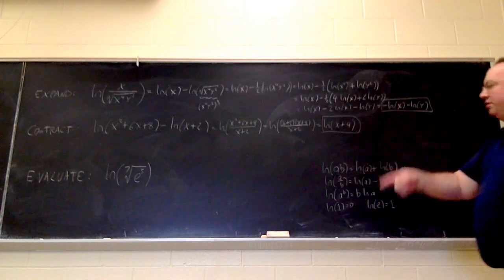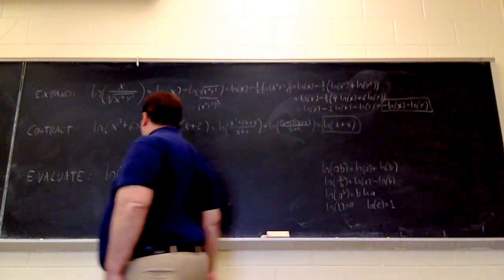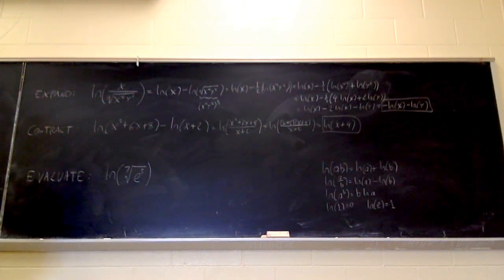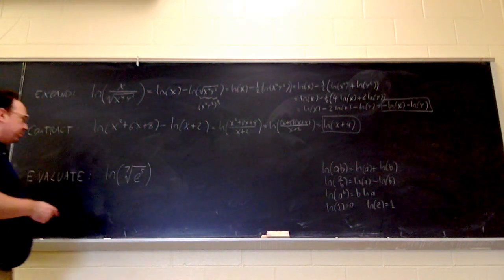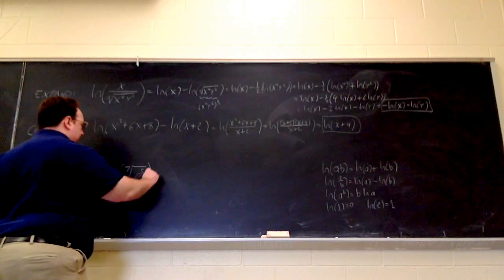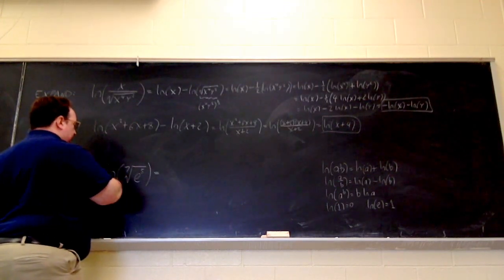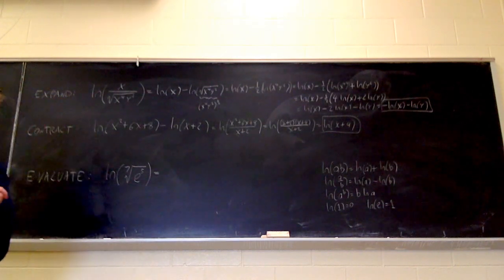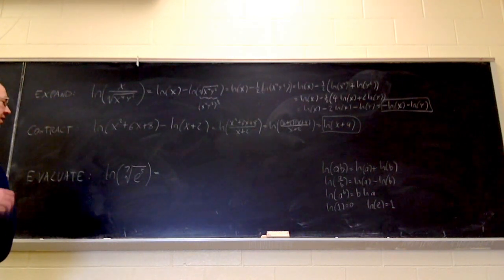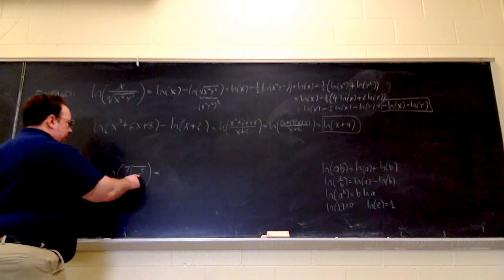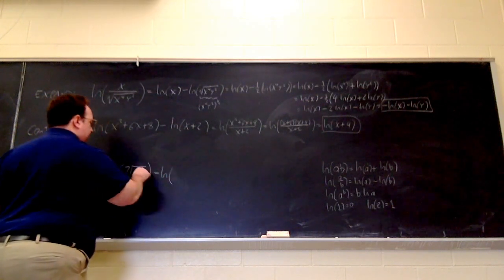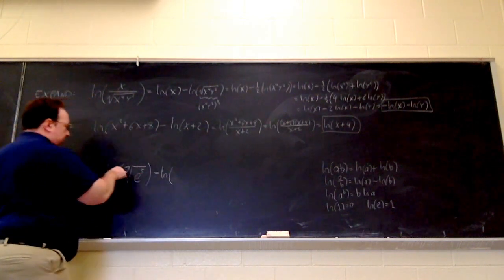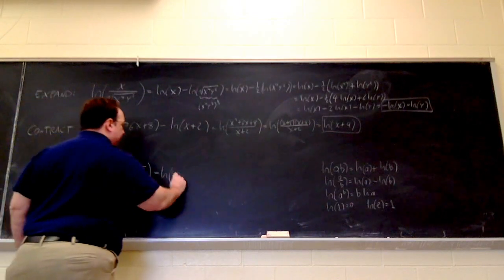Finally, the last expression, we're going to evaluate this by using the properties of logs, in particular the exponent property. So we have natural log of the 7th root of e to the 5th. So we're going to rewrite that as e raised to a power. So that would be e to the 5/7. So whatever root you're taking, that goes in the denominator of the exponent.